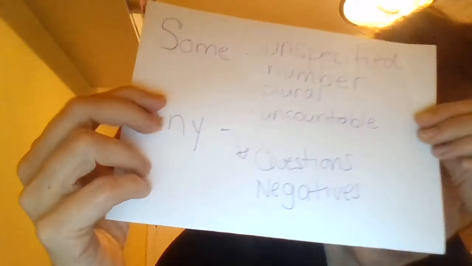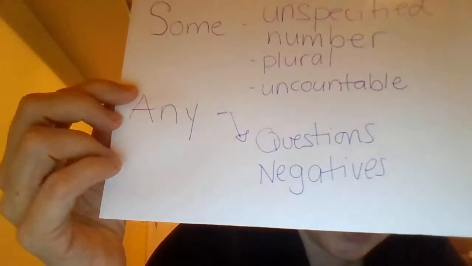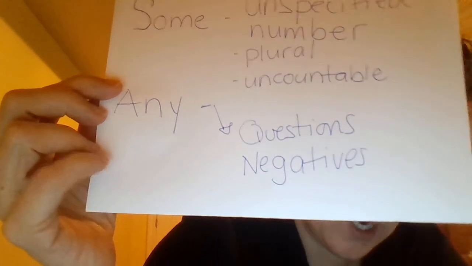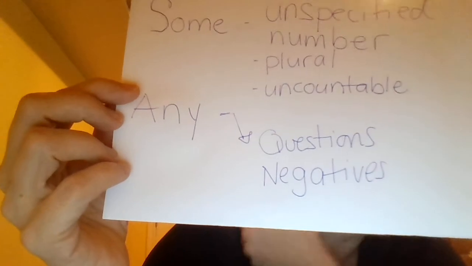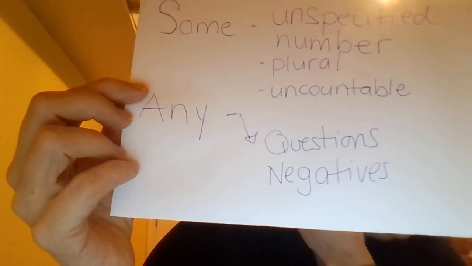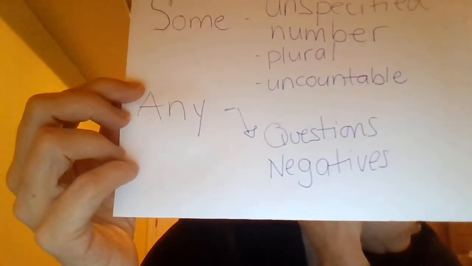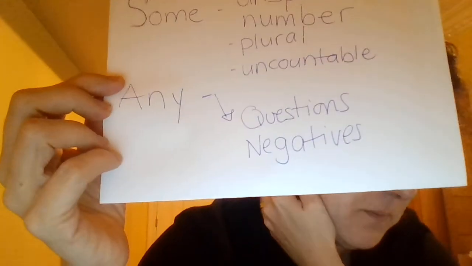And then when do we use any? We use any when it's a question or when it's a negative. Questions and negatives. There you have an example. She doesn't have any glasses. Does she have any clothes?